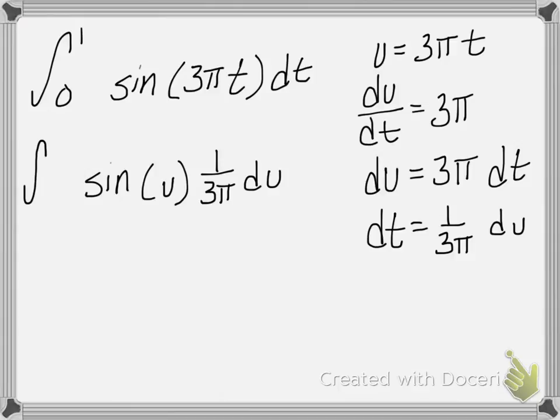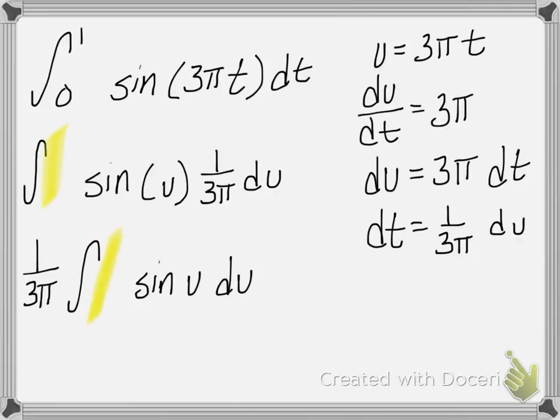And so we can pull out the 1 over 3 pi, since that's just a constant, and that will leave us with sine of u du. Okay, so there's what we have, and if you'll notice, I haven't put anything there as far as our interval, because I'm going to do that later.